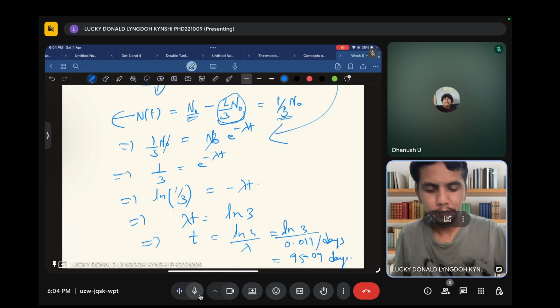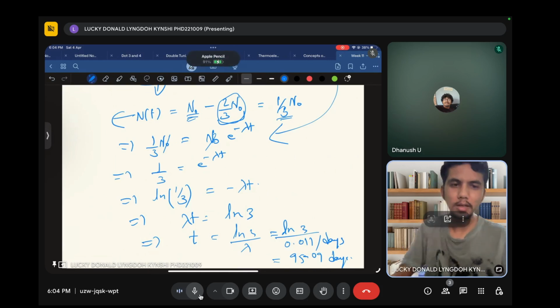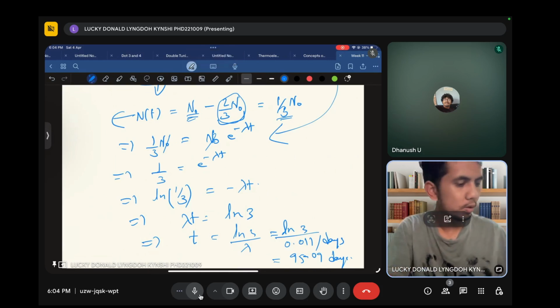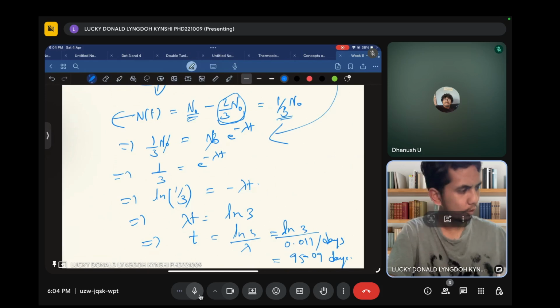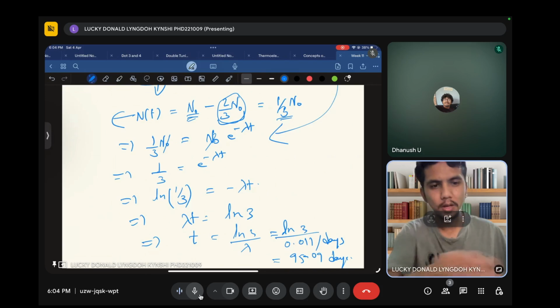Okay, so I hope you understand this problem. It's pretty straightforward, a formula-based problem in which you just substitute into the main equation and then solve for the final value. I have one more question to solve, then maybe I can stop for 2 days.